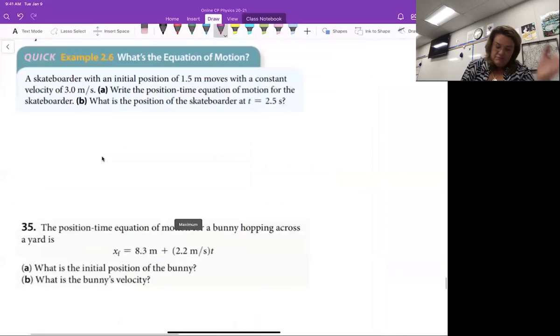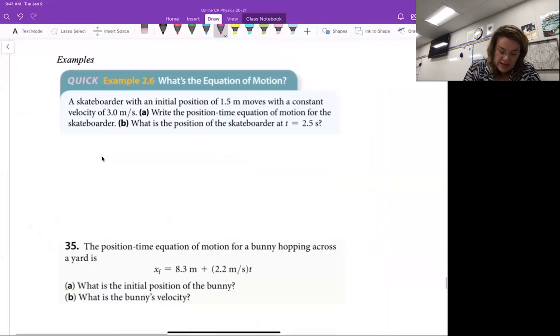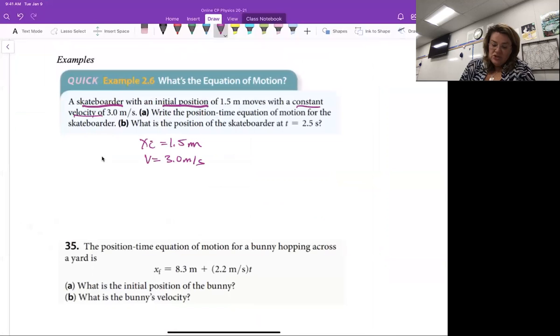So let's do an example. A skateboarder with an initial position of 1.5 meters moves with a constant velocity of 3 meters per second. Write a position-time equation of motion for the skateboarder. So what is our form?